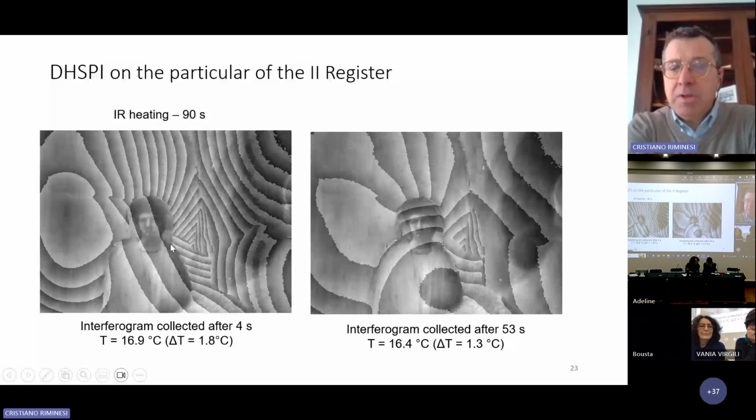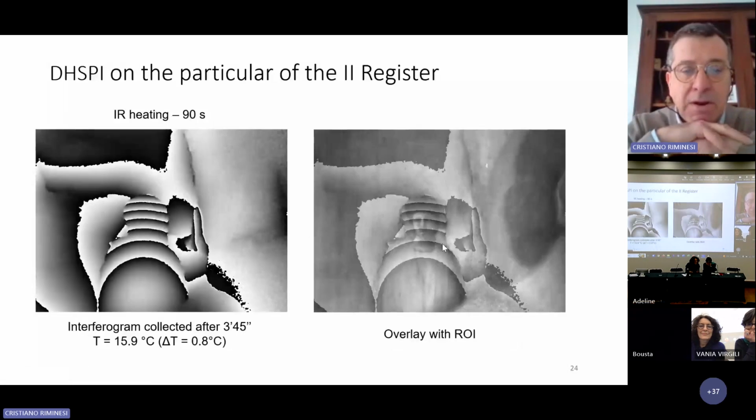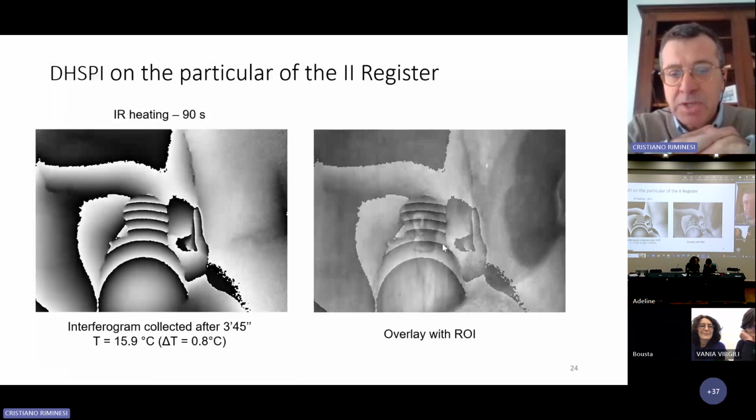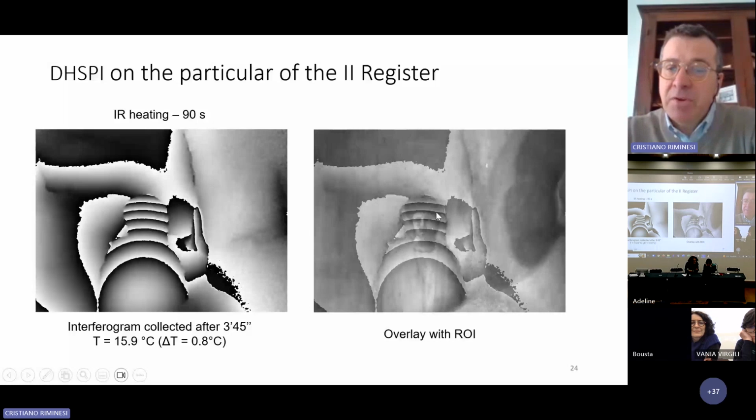After about 1 minute, this difference increases and is more evident. And after a long time, about 4 minutes, the area surrounding the little figure comes back to the environmental condition, but where we have the detachment, the interferometry continues to show evidence.